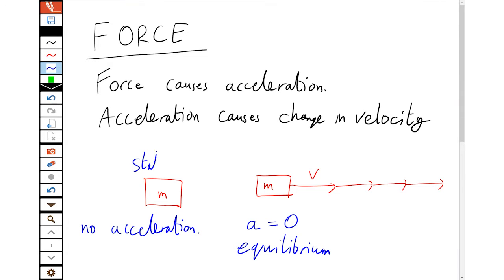You can have static equilibrium when it's just sitting there, or dynamic equilibrium where it's moving, but the acceleration is still zero. This concept is also sometimes called inertia, the idea that if something has no external forces acting on it, it won't accelerate. And these do have to be external forces.